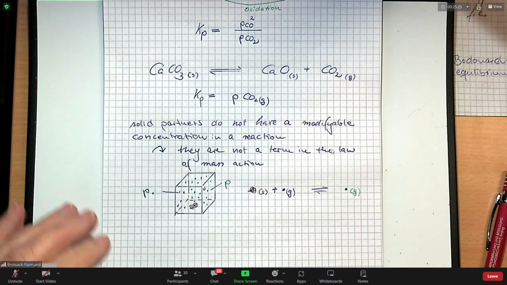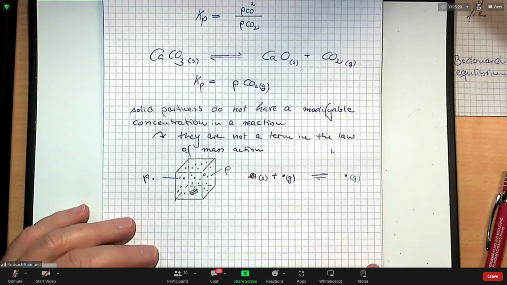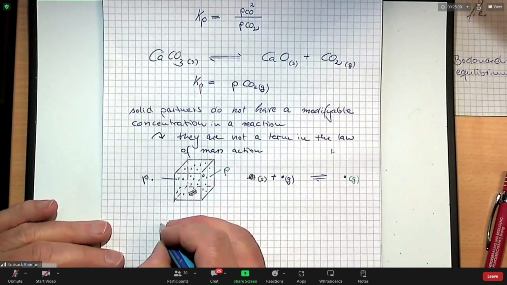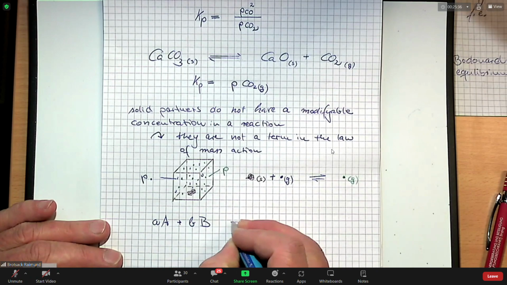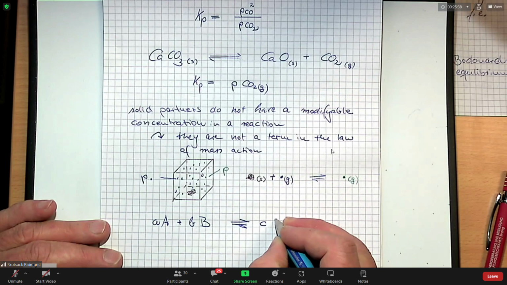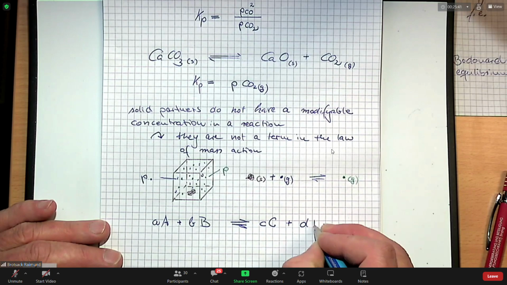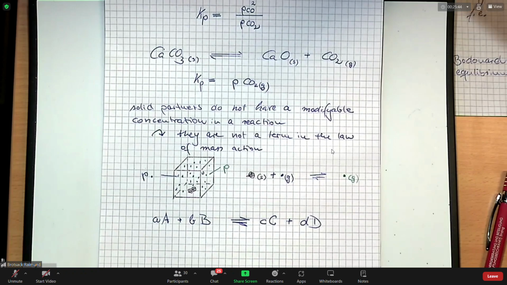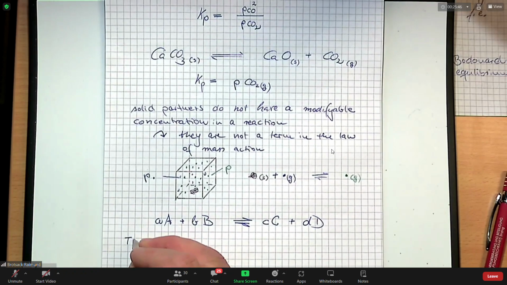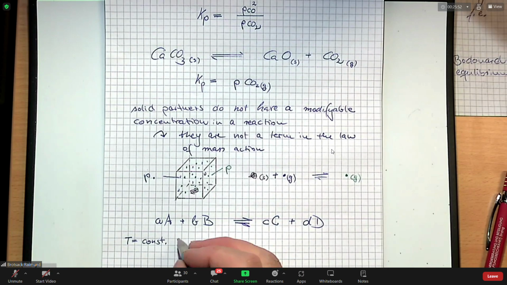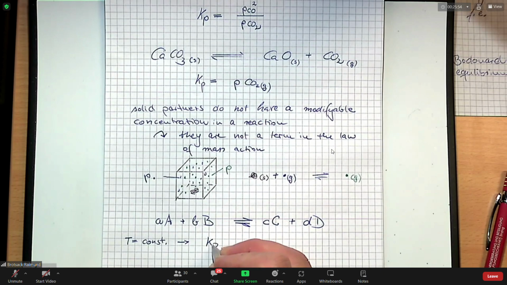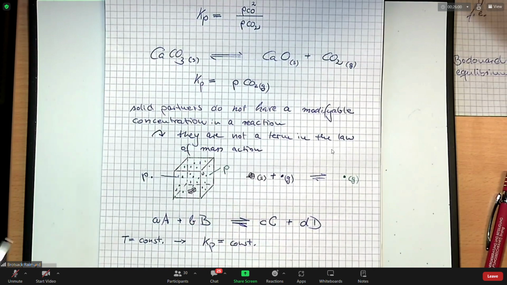Well, in general, again, when we have our reaction aA plus bB forms cC plus dD molecules, and we say temperature is constant, then we can say Kp is constant, because the volume is constant as well.